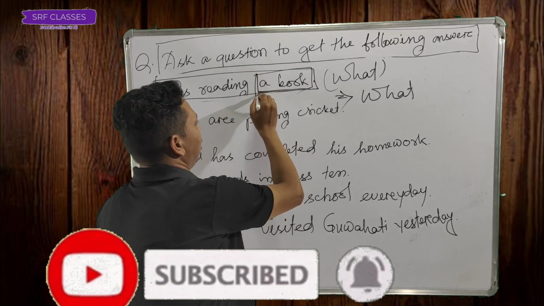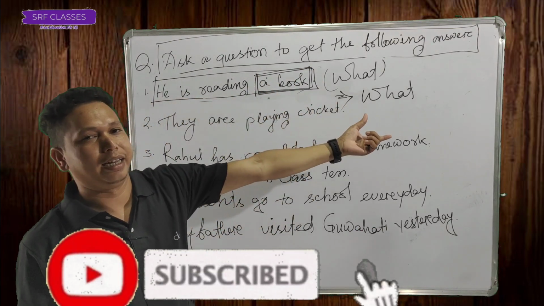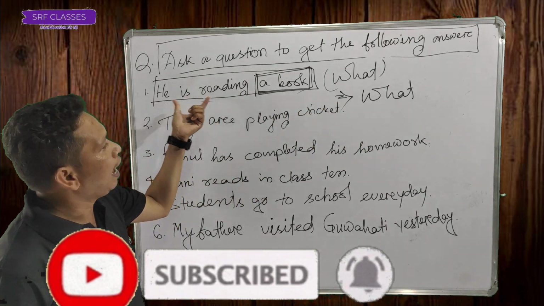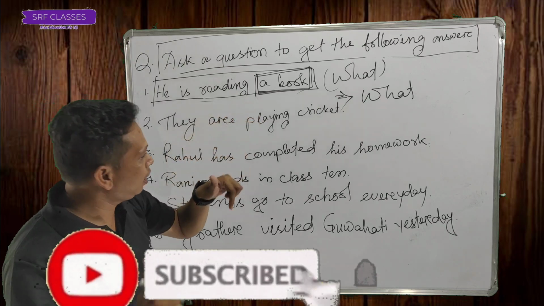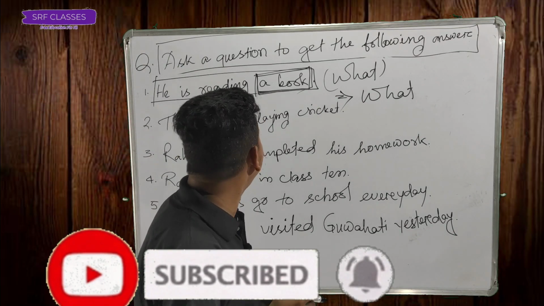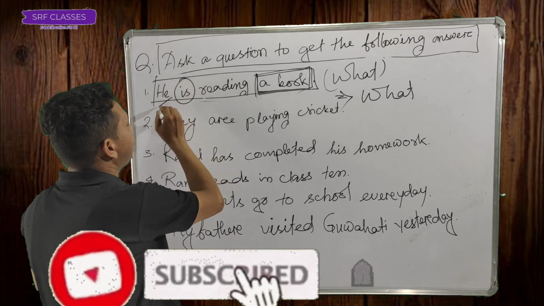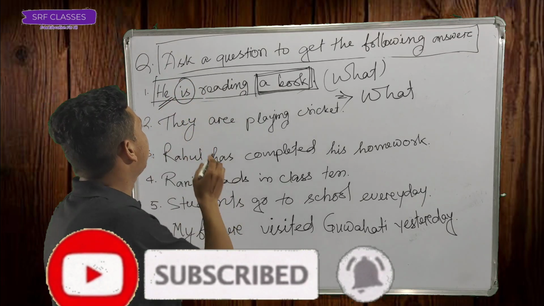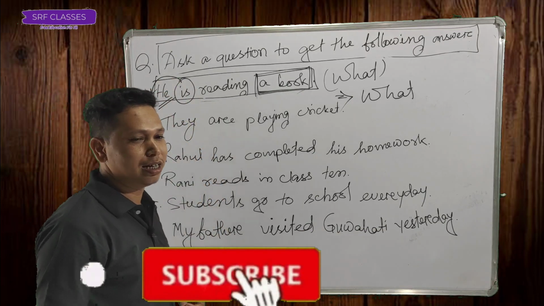Now the answer, which is the answer? A book. Rest other things should be taken. How shall you take? As it is. Like he is reading. But you should remember, you should understand that special verb doesn't sit after the subject in interrogative sentence. So in interrogative sentence, special verb should be written before the subject.